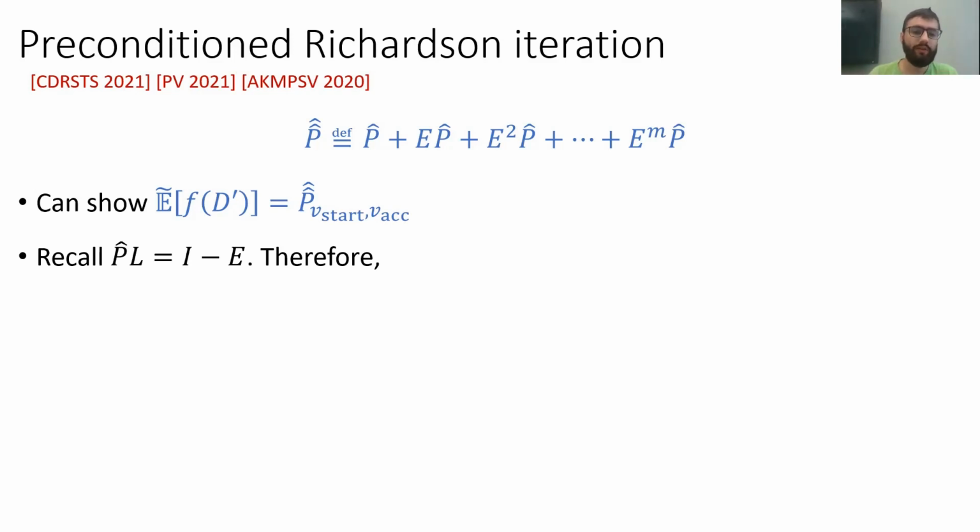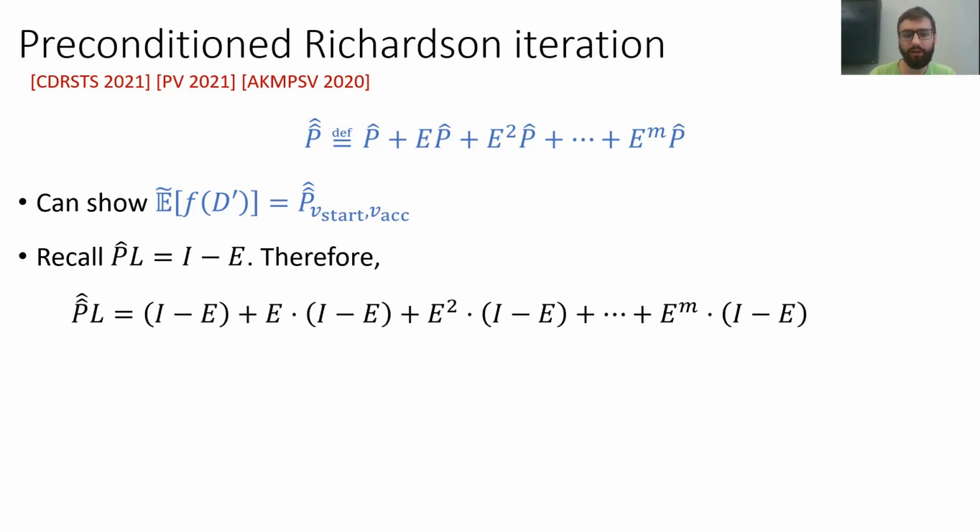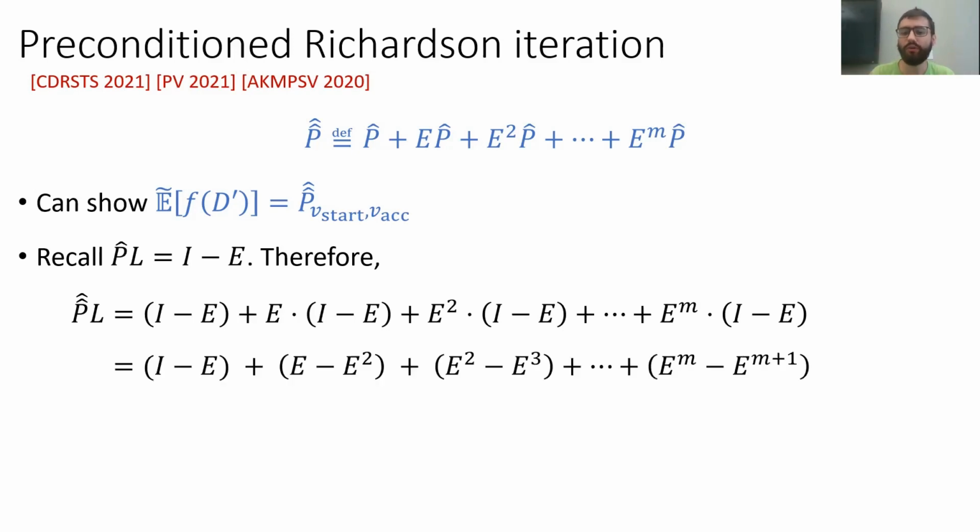So if you take P double hat and multiply it by the Laplacian, then just plugging in, you get this big old sum, but it's a telescoping sum. Everything but the outer two terms cancels, and we end up with the identity minus E to the M plus 1. So effectively we've taken our error matrix E and raised it to some high power, which of course means that we are decreasing the errors.